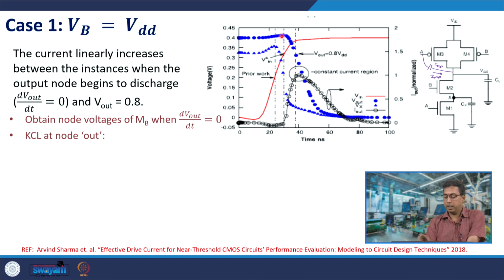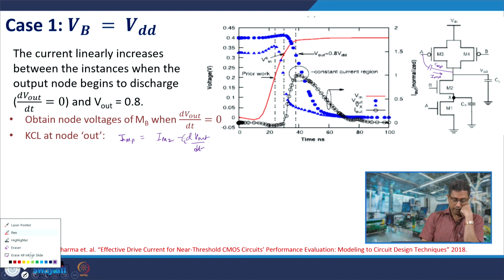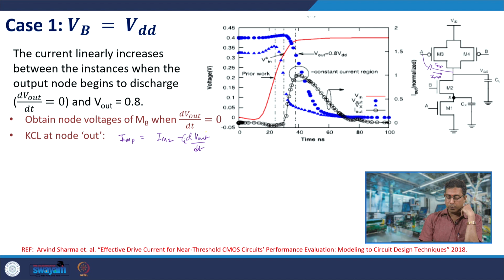So, let us write the KCL at node out. IMP is equal to IM2 minus CL dV out by dt. Now, we are discussing a case where dV out by dt is 0, so this second term does not appear in our case.